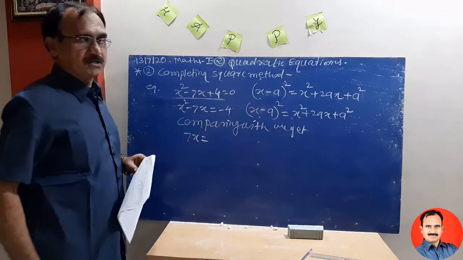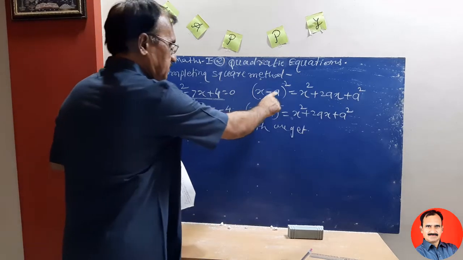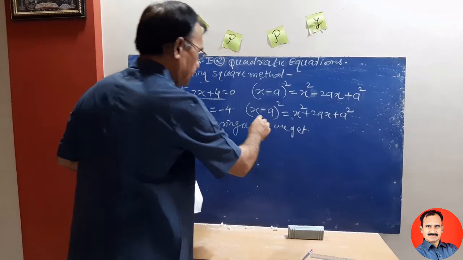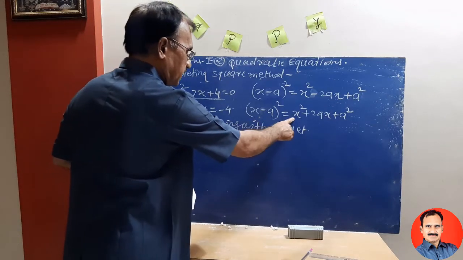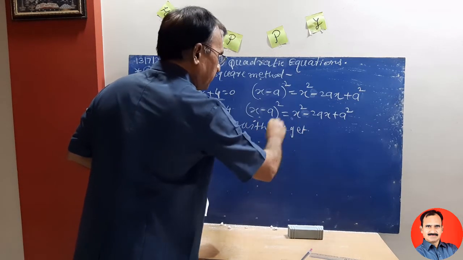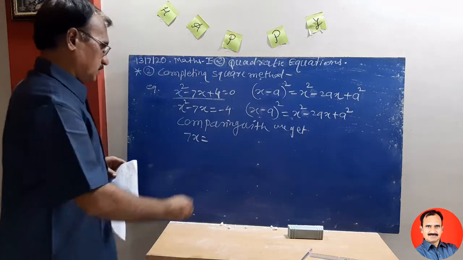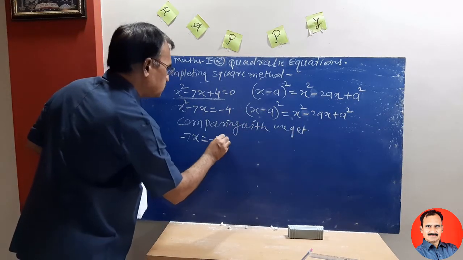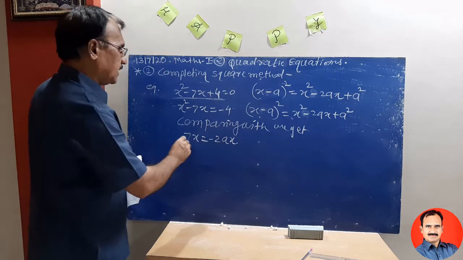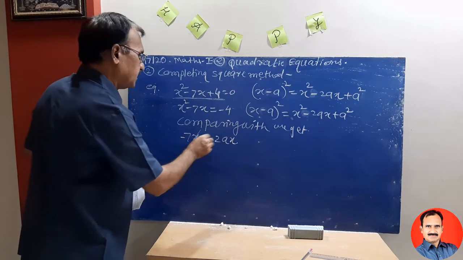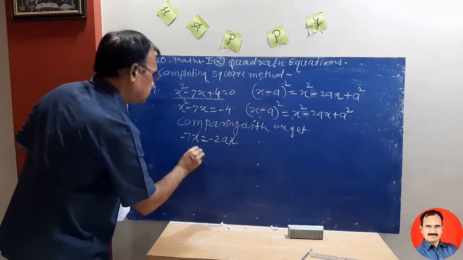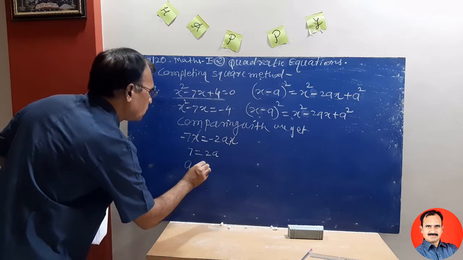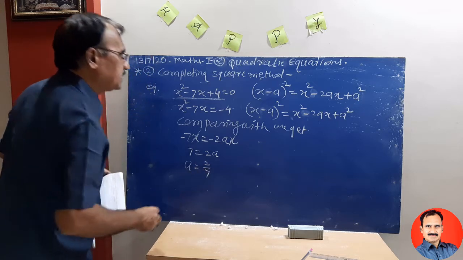You know this expansion formula also: x minus a bracket square is x square minus 2ax plus a square. So minus 7x is equal to minus 2ax. Minus minus gets cancelled, x gets cancelled, which means 7 is equal to 2a, so a is equal to 7 by 2.